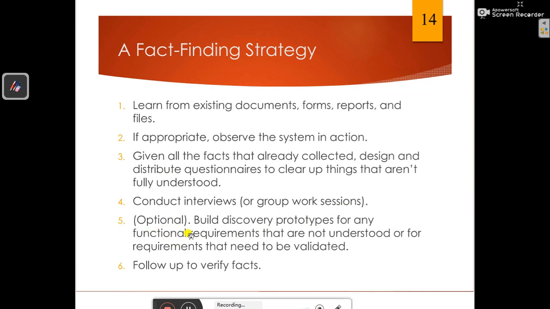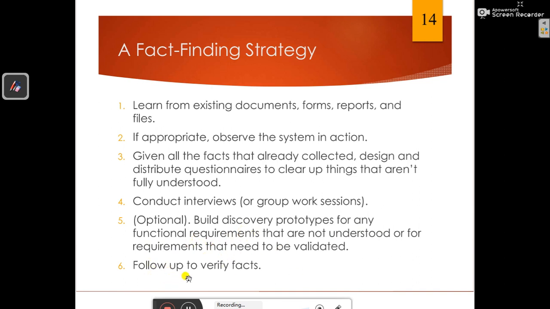And fifth, that's optional, build discovery prototypes. After these first four, you can create a prototype model of your system, and then you can find the functional requirements that are not understood, or requirements that need to be validated. So this is optional.